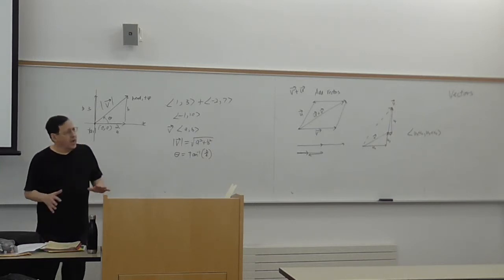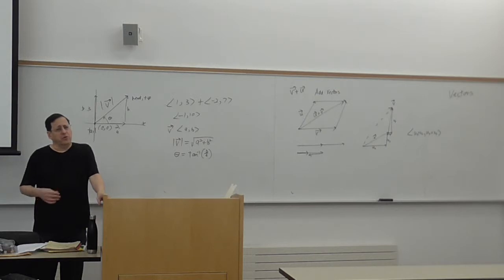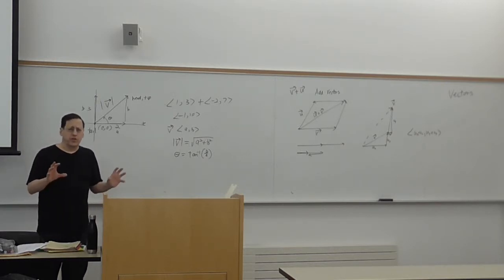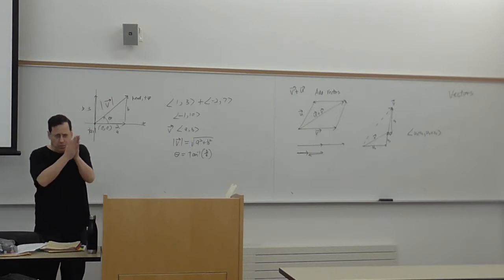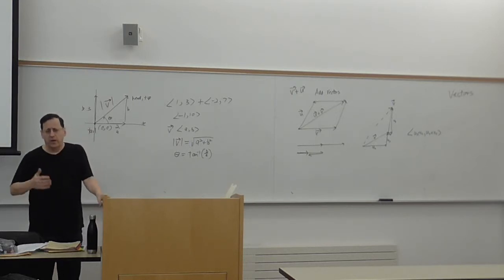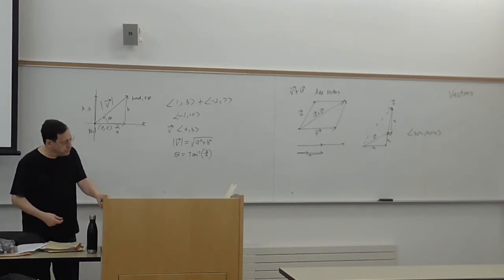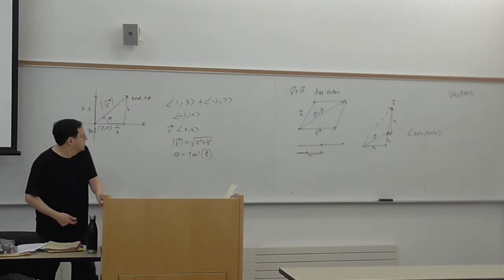But I just want to mention that if you go on in math, you're going to run into something a little bit more general, and you shouldn't get shocked when the pointing arrows and the angles go away, and you're dealing with a more abstract object that mathematicians call a vector.